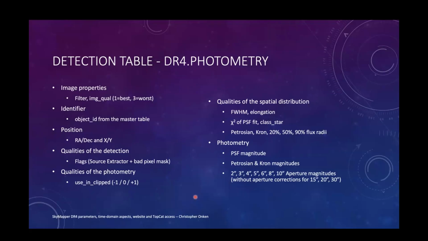We have the individual measurements for the position, for the measurement flags, either from Source Extractor or from the bad pixel mask. We then make measurements of the spatial distribution of the objects and the brightness, both in the PSF model and with various apertures.